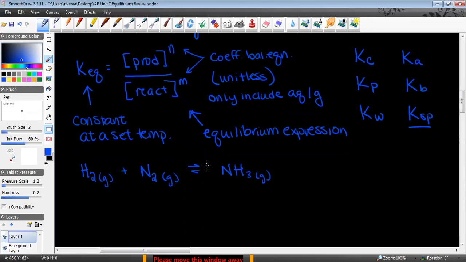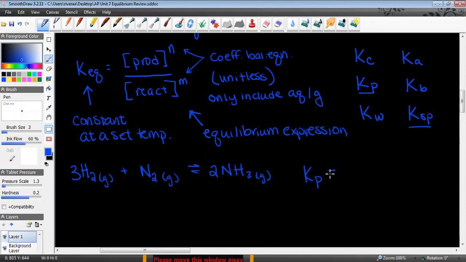We need to balance this, so I need a 2 there and a 3 here. If I asked you to write the equilibrium expression for this, and it's all gas phase, we would be writing a Kp expression.